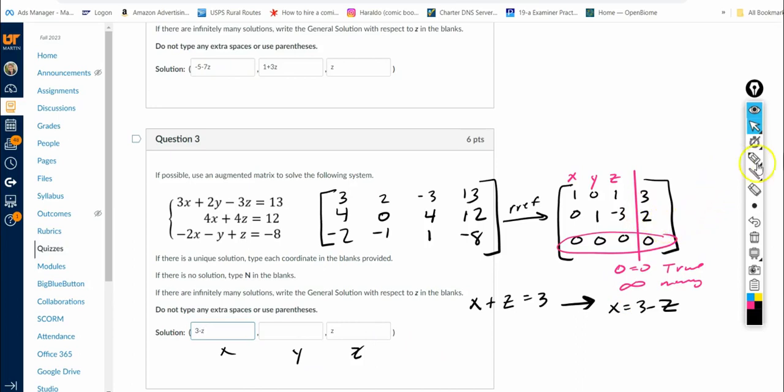And then my second equation tells me 0 times x plus 1 times y minus 3 times z is equal to 2. And so now if I add 3z to both sides of this, I'll get this. So instead of y, I'll have 2 plus 3z.